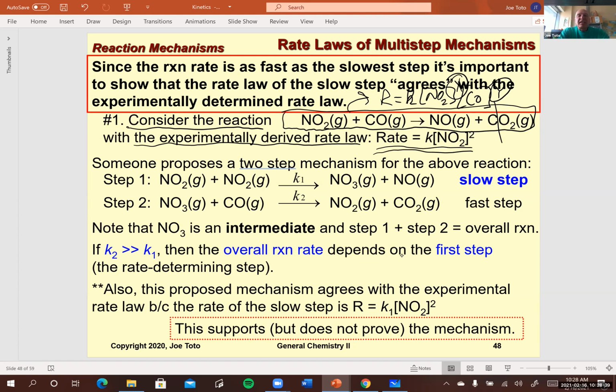All right. Now, someone came along, I don't know who it was, maybe the publisher of your textbook, maybe some scientist working in the lab, and they said, okay, we're going to propose this mechanism. And then you're like, who cares about mechanisms? Well, the thing is, if you can come up with a mechanism for a reaction, then you have more power over controlling that reaction, especially the speeds.